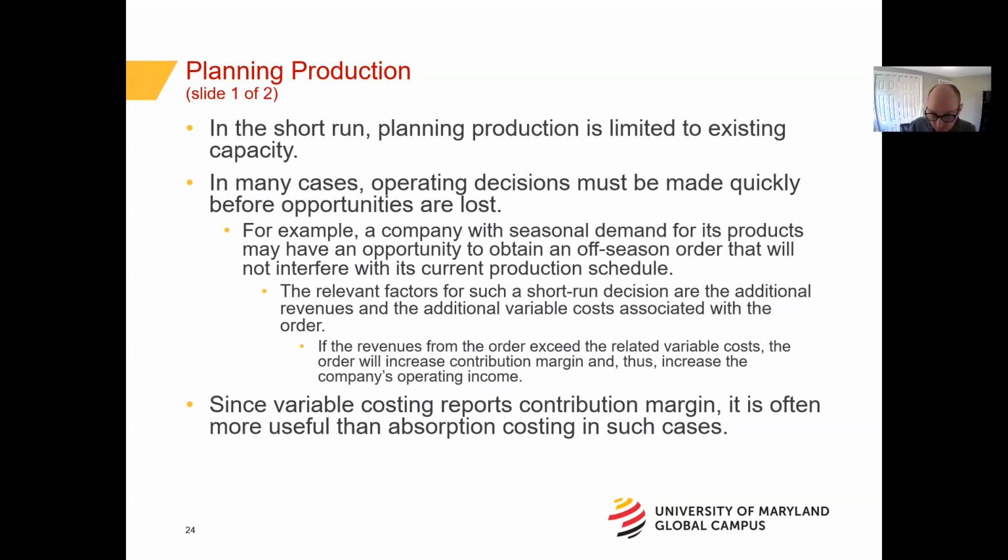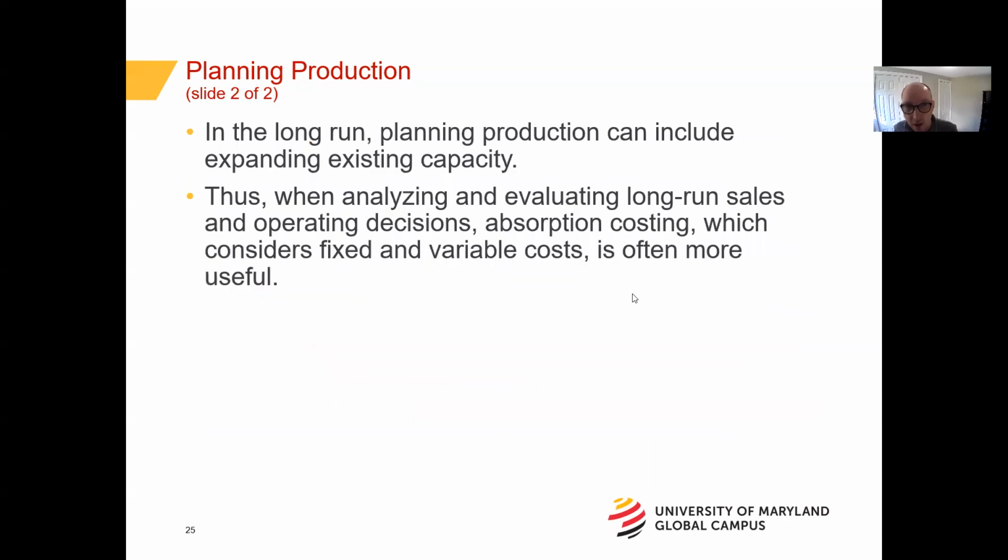When we talk about short runs, we're talking about short time frames, and we're also talking about constrained amount manufacturing in a given amount of time. It's a short run. And in the short run, we look at absorption costing as the most logical model to follow. The reason for that is because under absorption costing, we don't take into consideration contribution margin. That makes sense.